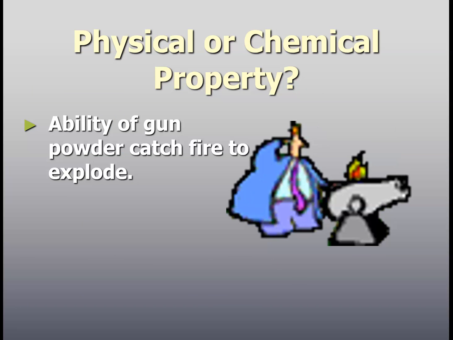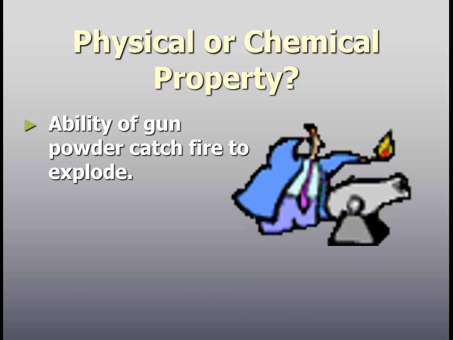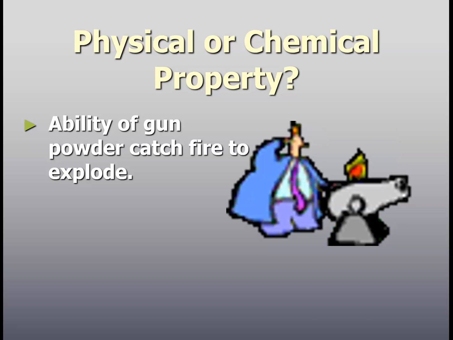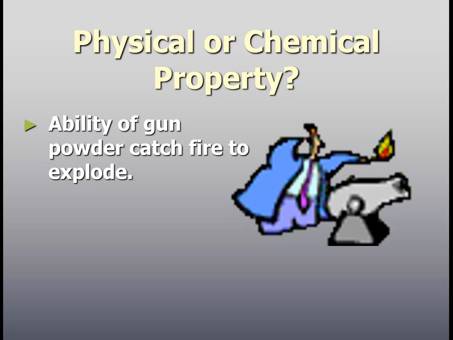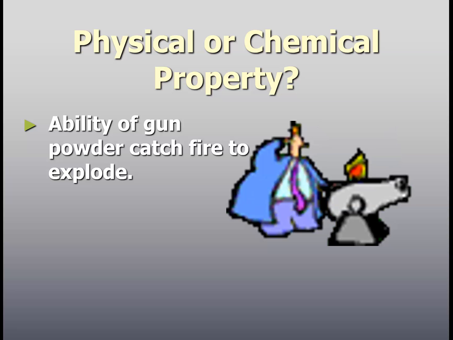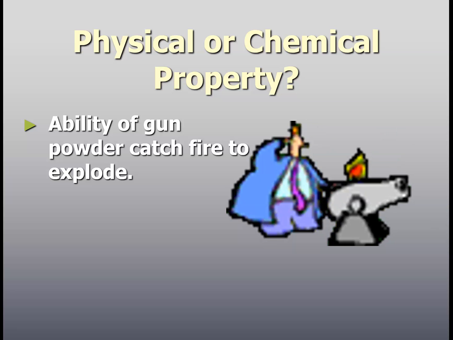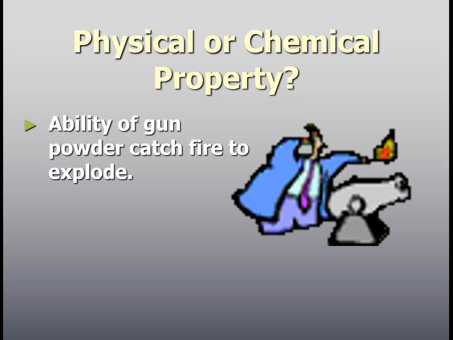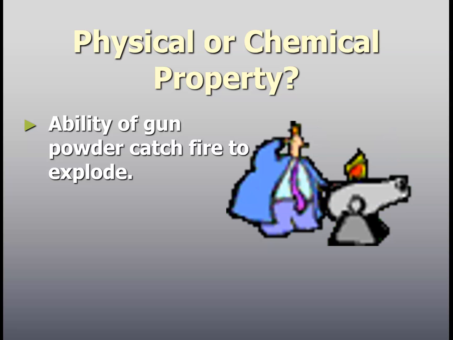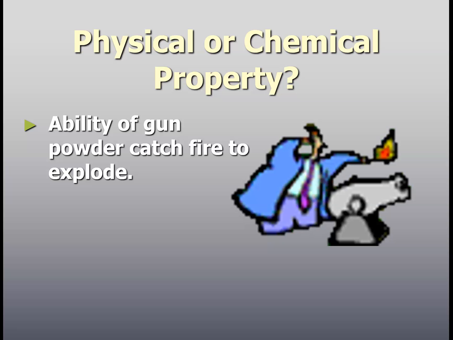So let's take a look. If we were to look at this, we say the ability of gunpowder to catch fire and explode. Is this a physical or a chemical property? Go ahead and write your answer down on your slide.